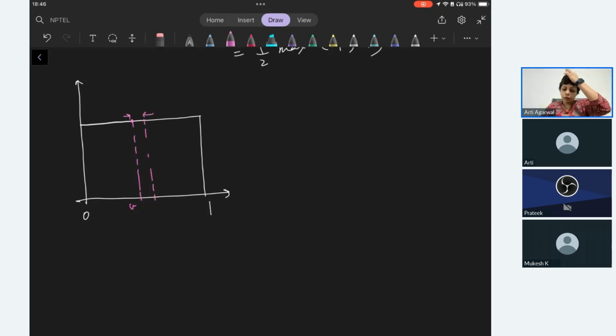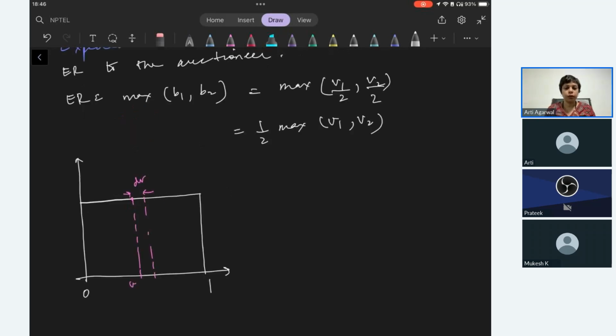Why we are taking V and dV, you will understand in a short while. What we are saying is that we're trying to take it one step at a time. What happens if V1 is just more than V2? I'm not saying it's infinitely more than V2, but just a little bit more than V2.